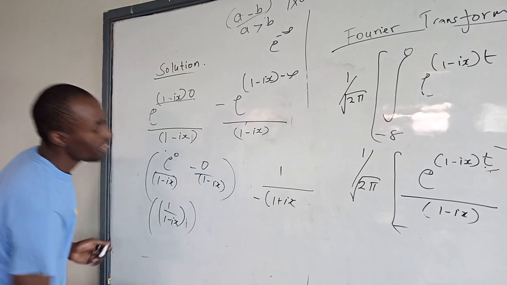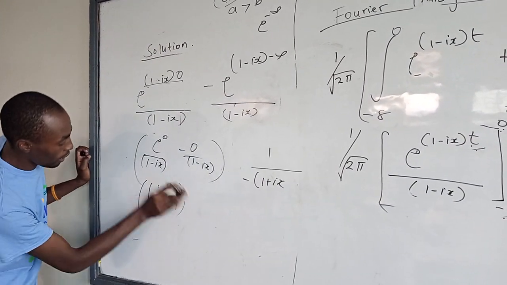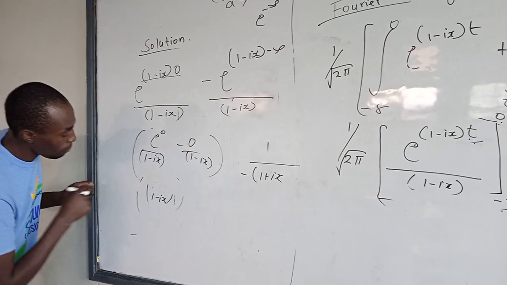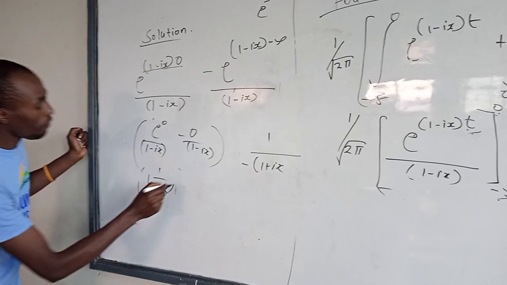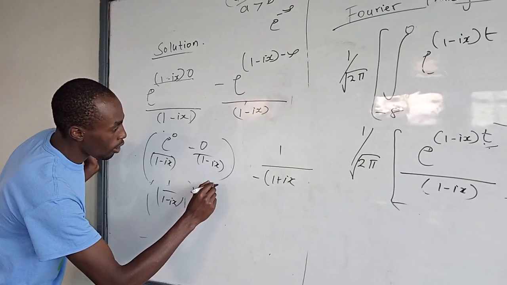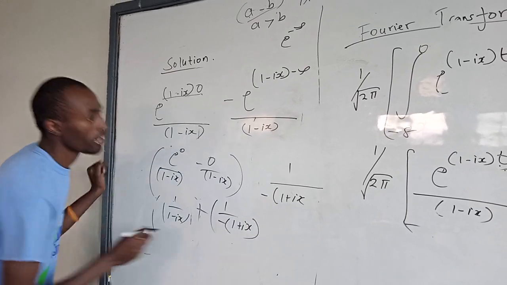So the final thing will be 1 all over negative 1 plus ix.